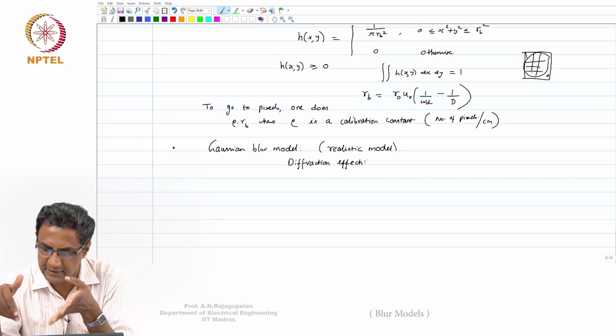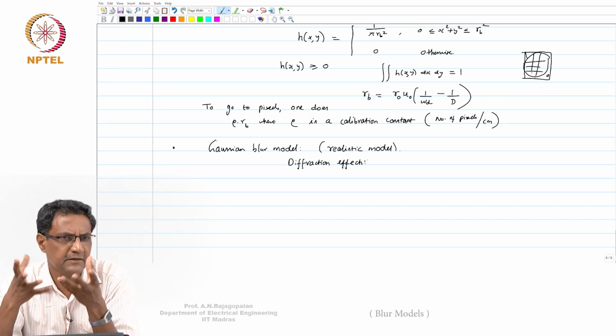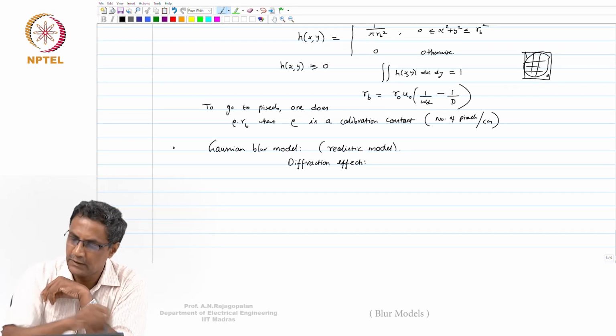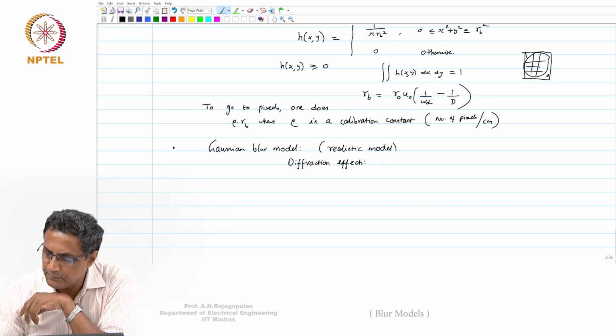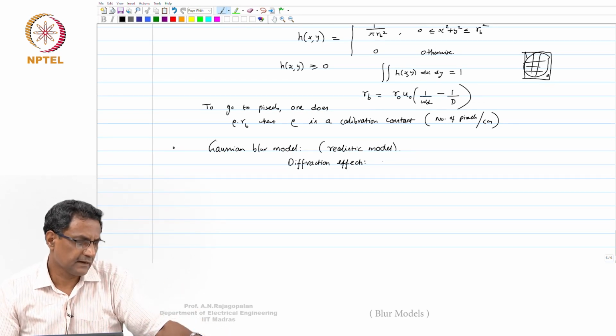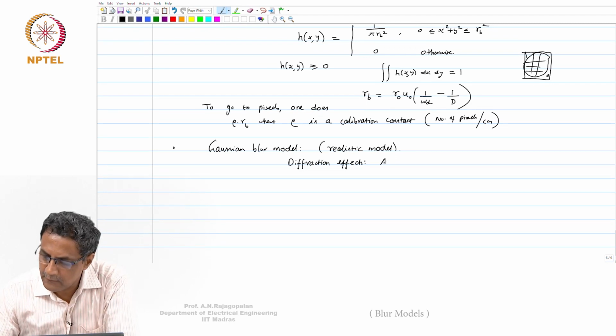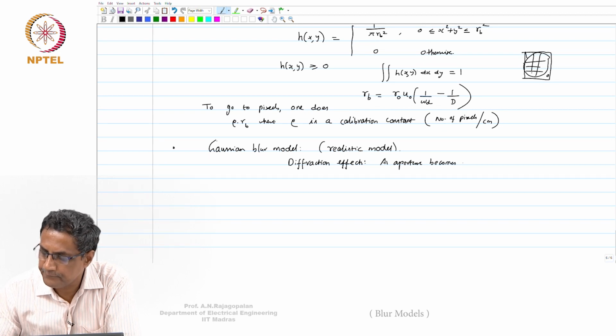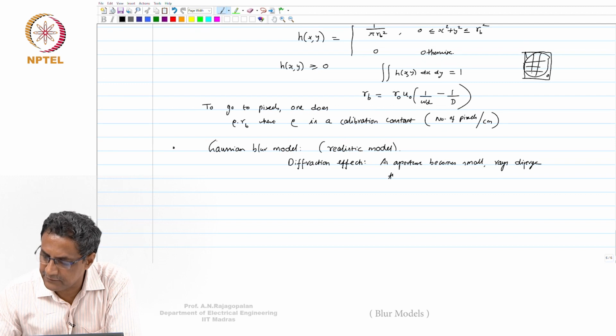That is a diffraction effect, and these are real effects. So as the aperture becomes small, rays begin to diverge rather than converge.